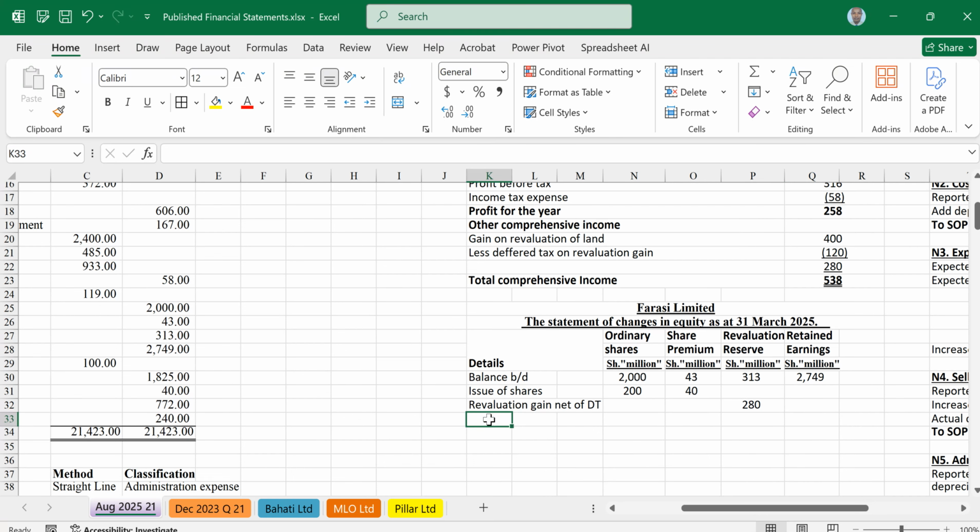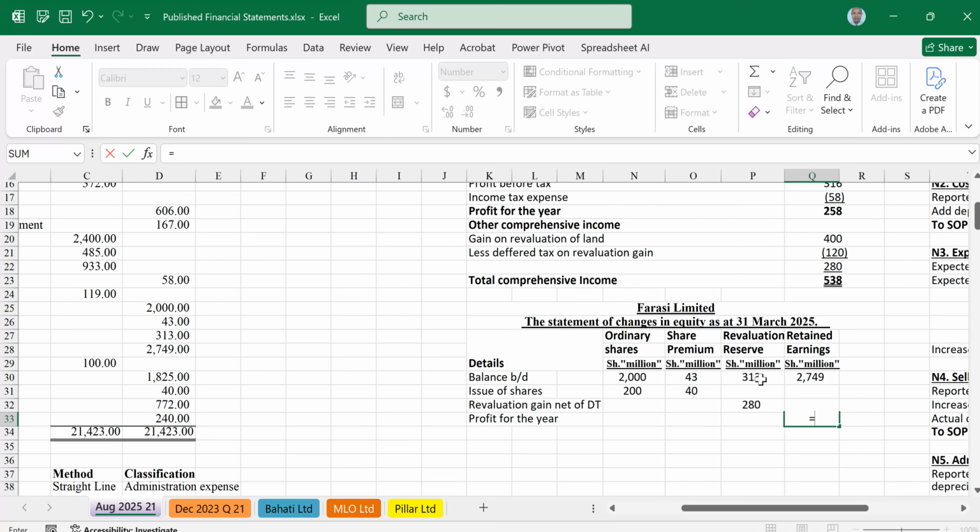Profit for the year. Now, profit for the year affects retained earnings, and it was 258. Dividend paid. There is some amount of dividend that was paid.